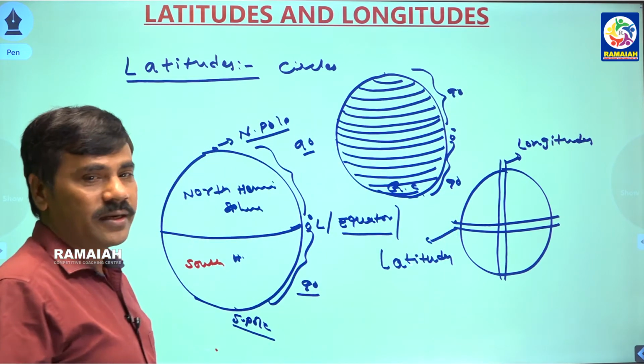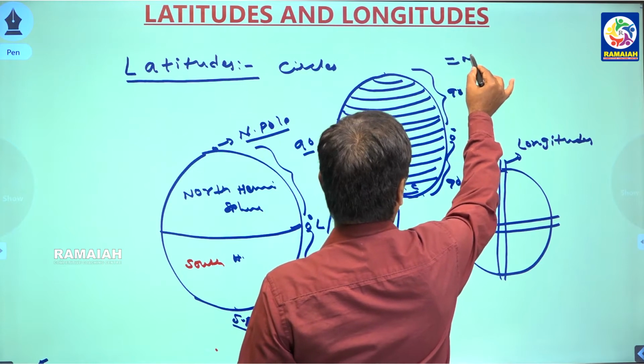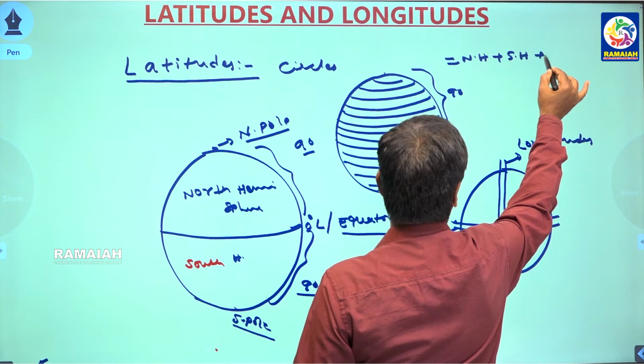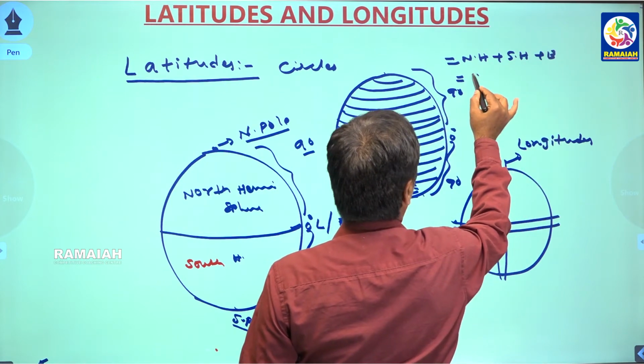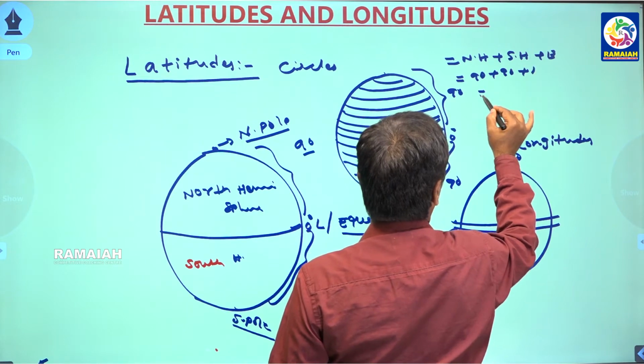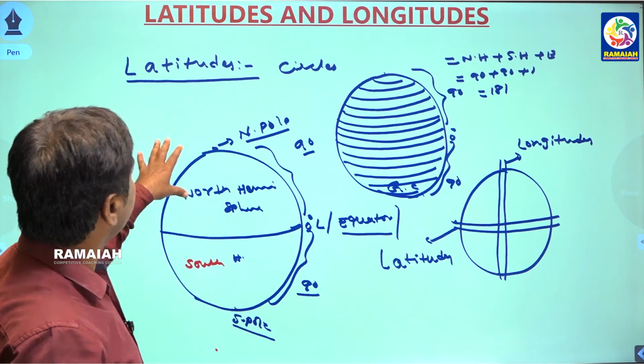What about the total number of latitudes on Earth's surface? It is the Northern Hemisphere plus the Southern Hemisphere plus the equator: 90 plus 90 plus 1 is equal to 181. This is about Earth's surface latitudes.